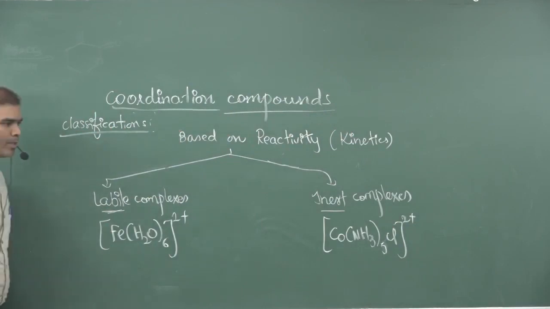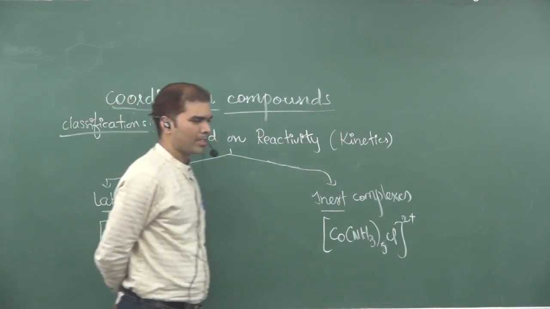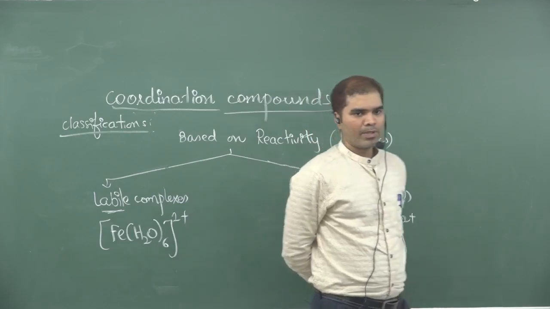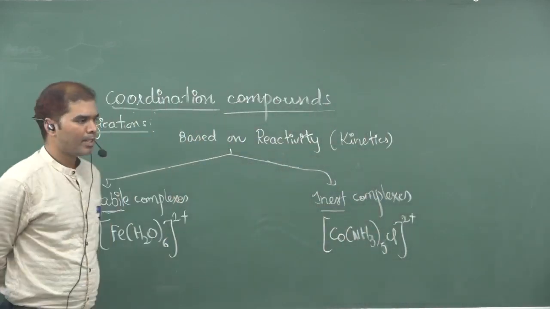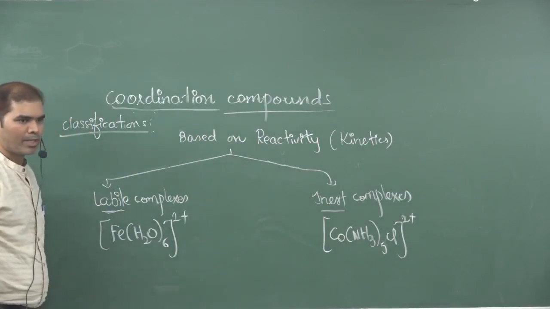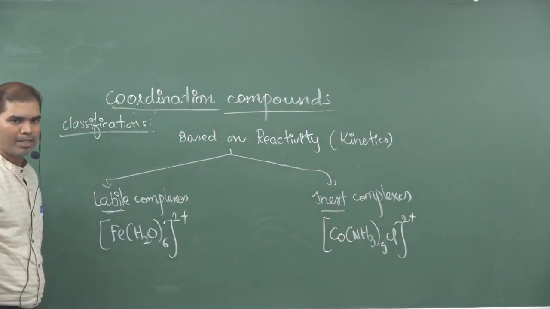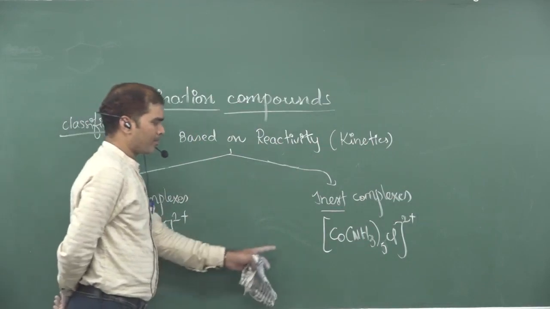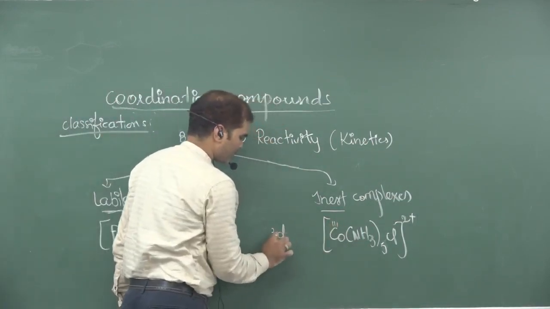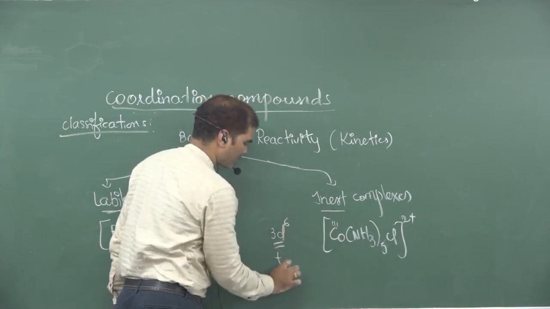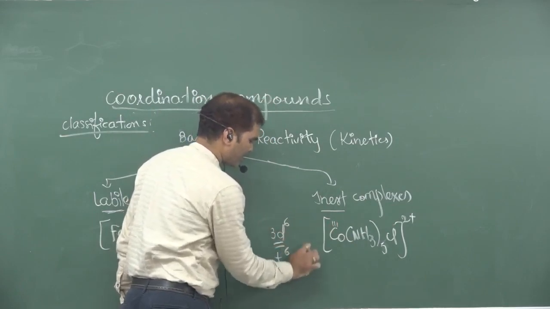A simple way to remember is all outer orbital complexes are labile. Whatever outer orbital octahedral complexes you choose, they will be labile only. In inner orbital complexes, d0, d1, d2 are labile, remaining configurations will be inert. So cobalt is present in +3, 3d6, t2g6, eg0.